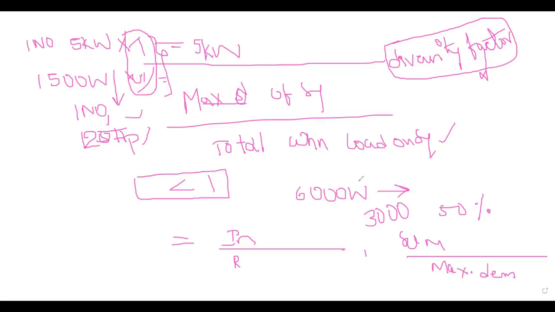Let's suppose I have 6 customers, 4, 5, 6. The total installed load of the building: this is 36 kilowatt, 24 kilowatt, 30 kilowatt, 36 kilowatt, and 24 kilowatt.